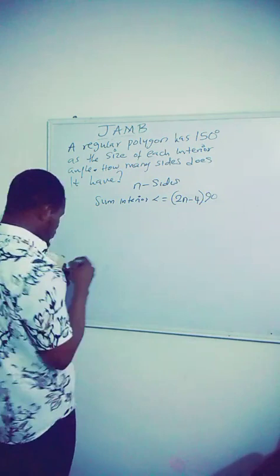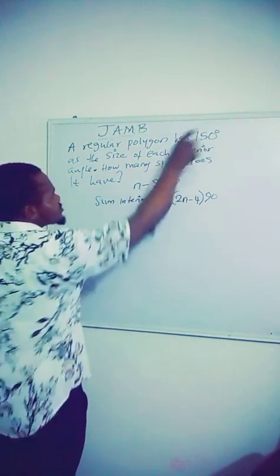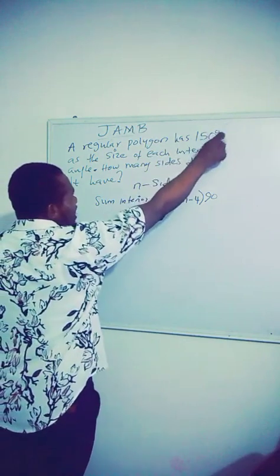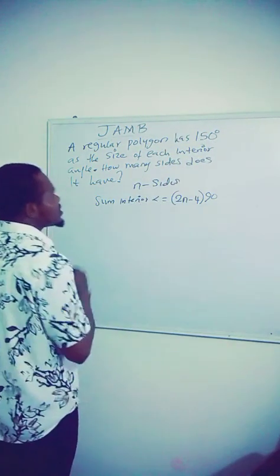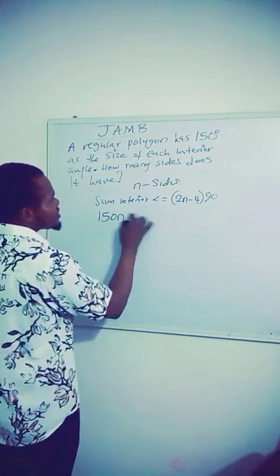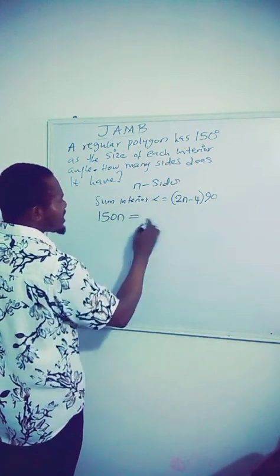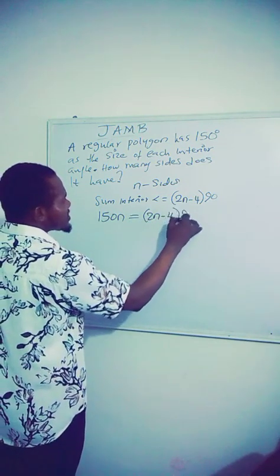This is the total summation. So which means if one angle is known, n times one of the angles should give us the sum. So it means that 150 times the number of sides should be equal to the sum of the angles we have, which is (2n minus 4) times 90.